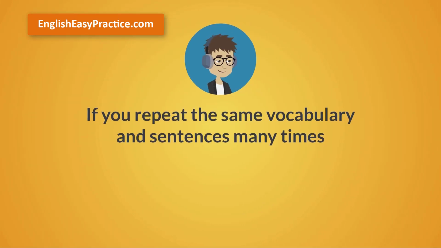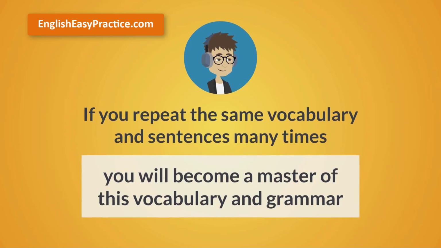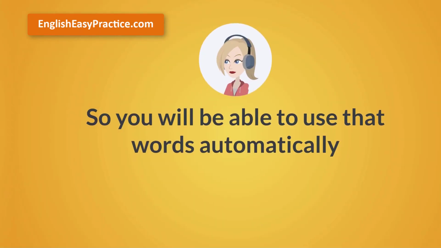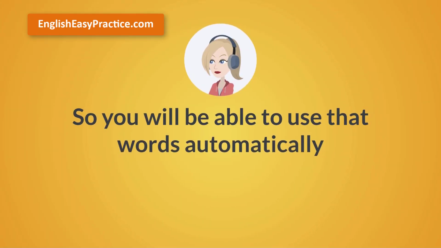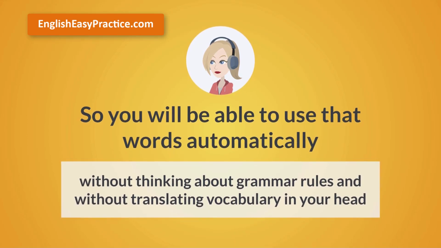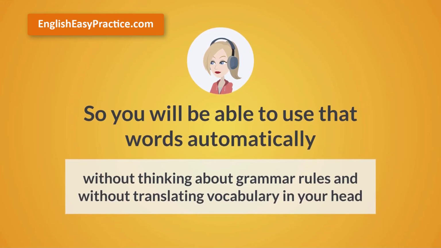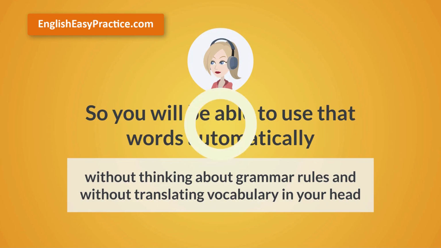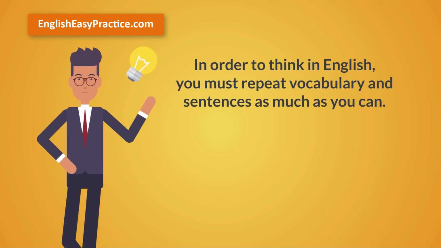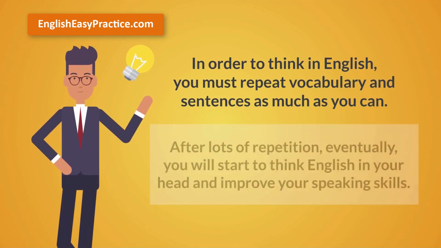If you repeat the same vocabulary and sentences many times, you will become a master of this vocabulary and grammar. So you will be able to use those words automatically, without thinking about grammar rules and without translating vocabulary in your head. In order to think in English, you must repeat vocabulary and sentences as much as you can.